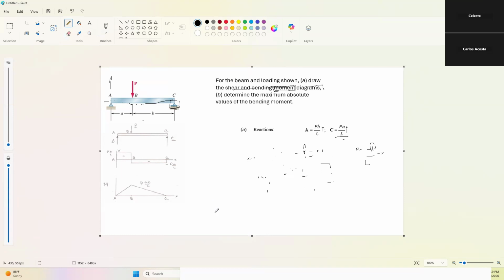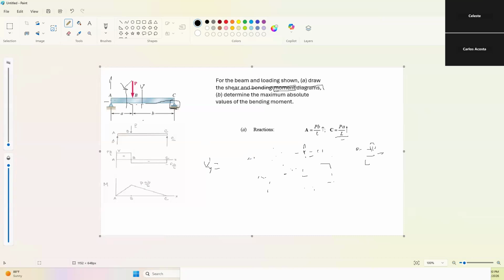So to get the maximum, we're gonna use a section here. We're gonna say that this force V. Actually, let's do it here so we can use P. So let's do one here before the force P. This cut here, this V is gonna be the opposite of A_y. So V_y at section 1 equals negative PA/L.